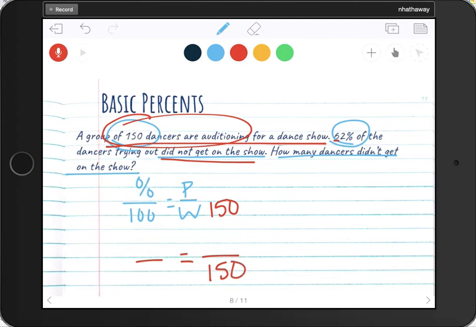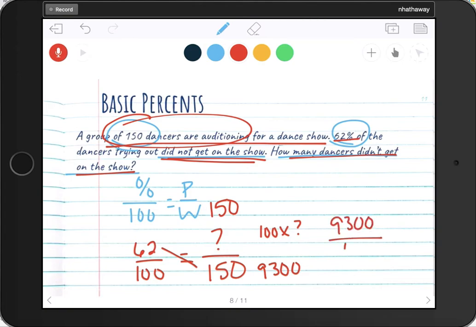Then it says 62% did not get on the show. Well, that gives our percent. And then how many didn't get on the show? That's our question mark. So we cross multiply and get 9,300. 100 times something. So 9,300 divided by 100 gives us 93 did not get on the show.